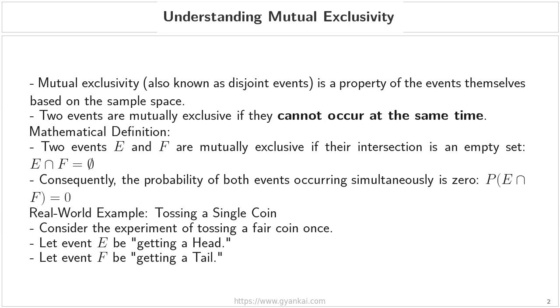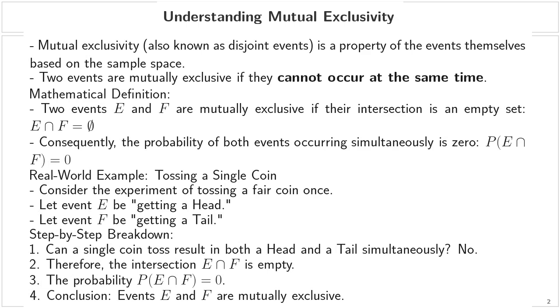To make this concrete, let's look at a real-world example, tossing a single fair coin. In this experiment, let's define event E as getting a head and event F as getting a tail. If we break this down step by step, we ask ourselves, can a single coin toss result in both a head and a tail at the same time? The answer, of course, is no. Because they can't happen together, the intersection of E and F is empty.